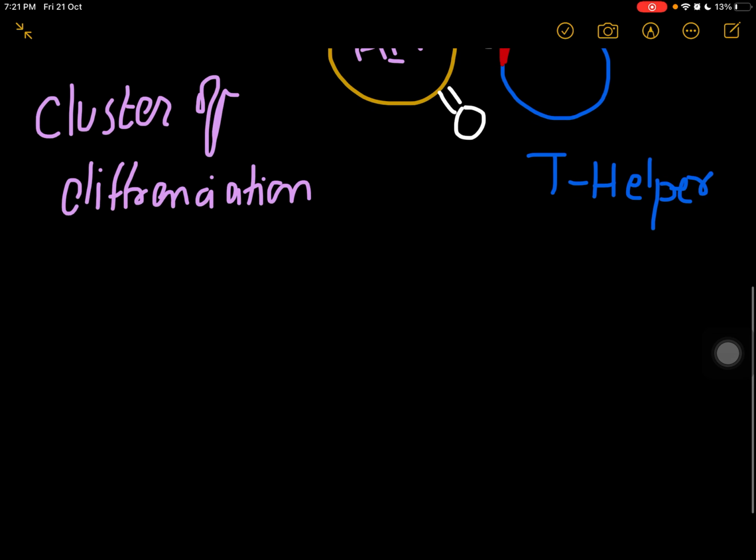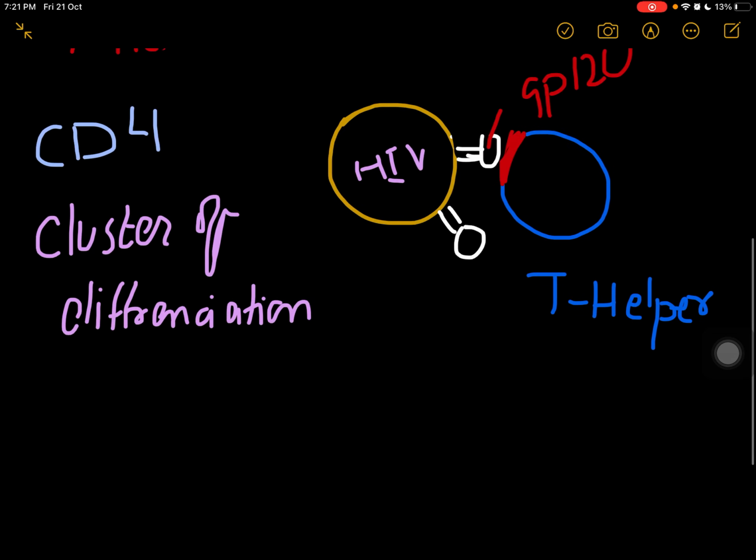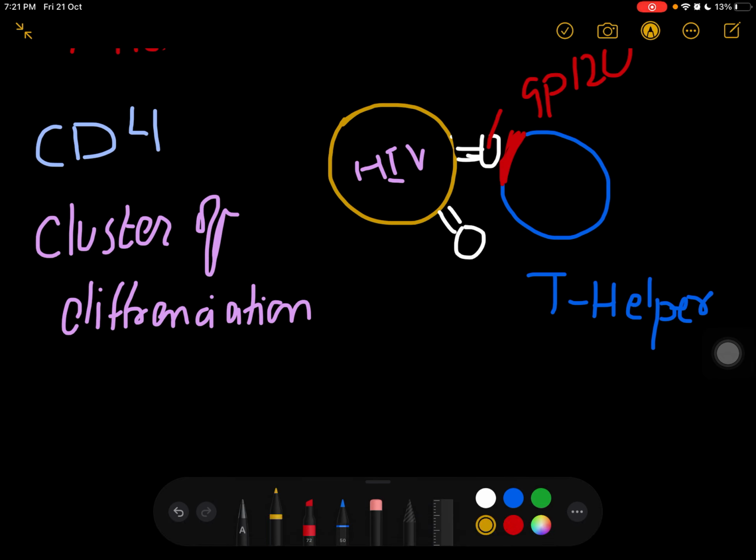GP41 helps in the second stage, which is fusion. So GP120 reads this CD4. It actually identifies this in order to get attached. So here the GP120 gets attached to the CD4.